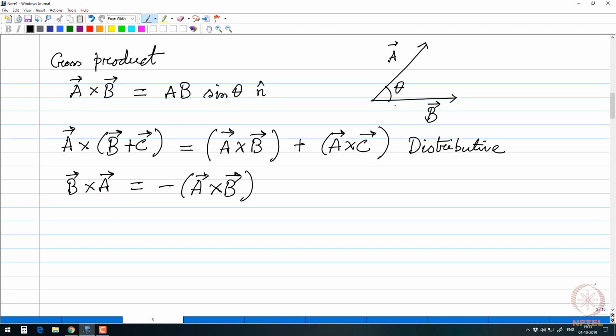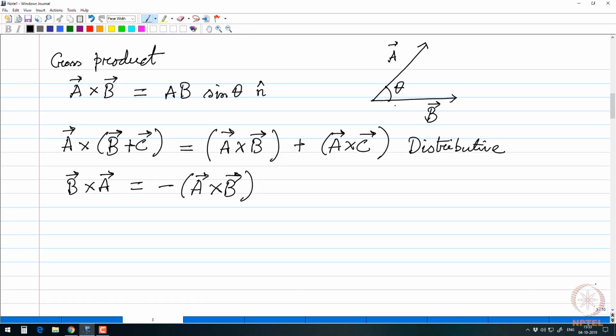If we consider A cross B, we point the thumb into the plane. If we consider B cross A, then we rotate the fingers in this direction, and you can clearly see that the thumb points upward, that means the thumb comes out of the plane. So, this minus sign is well justified, and that means the cross product is not commutative.